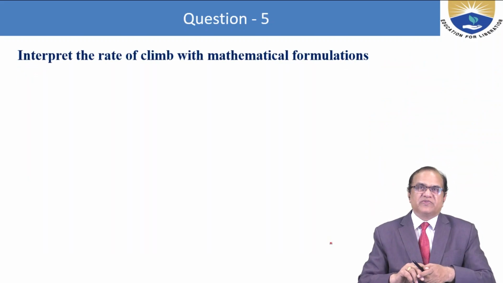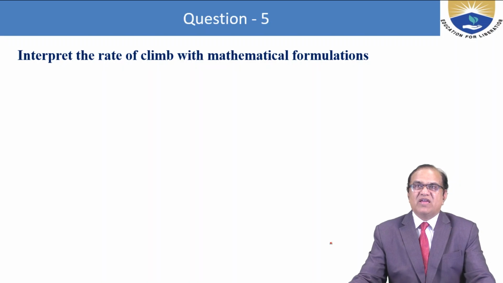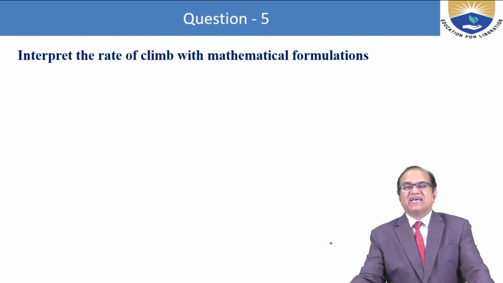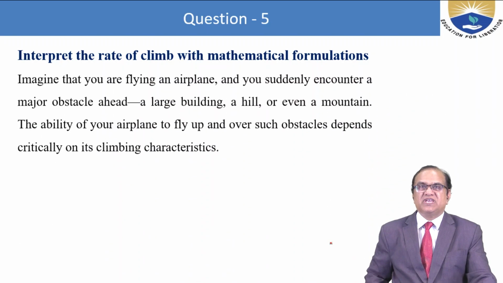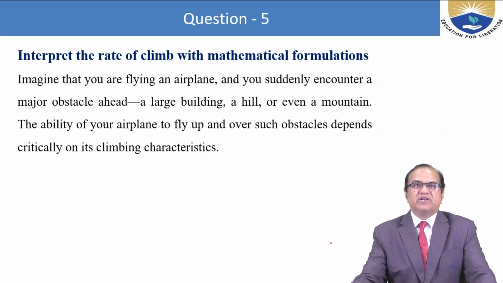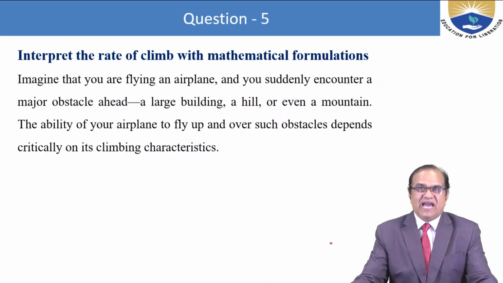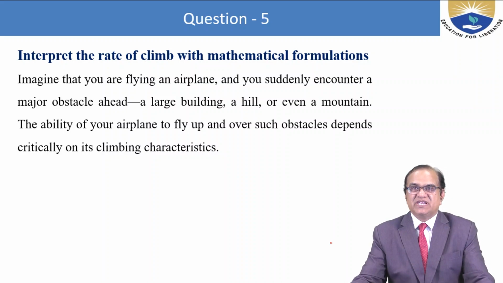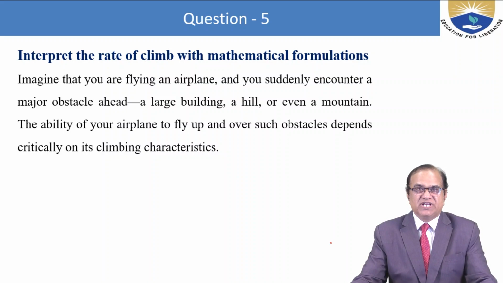Question number 5. Interpret the rate of climb with mathematical formulation. Imagine that you are flying an airplane and you suddenly encounter a major obstacle ahead, a large building, a hill, or even a mountain.